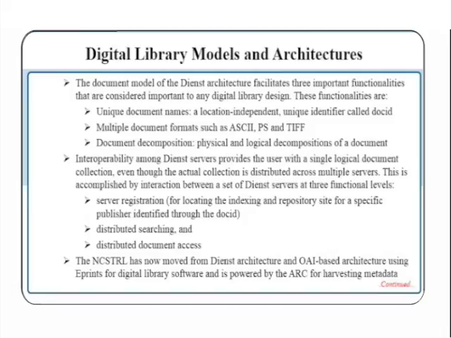Interoperability among DIENST servers provides the user with a single logical document collection, even though the actual collection may be distributed across multiple servers. This is accomplished by interaction between a set of DIENST servers at three functional levels, that is server registration, distributed searching and distributed document access.